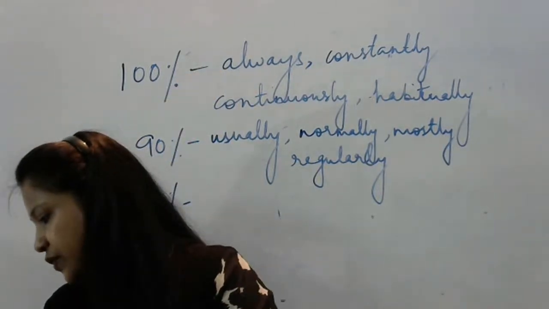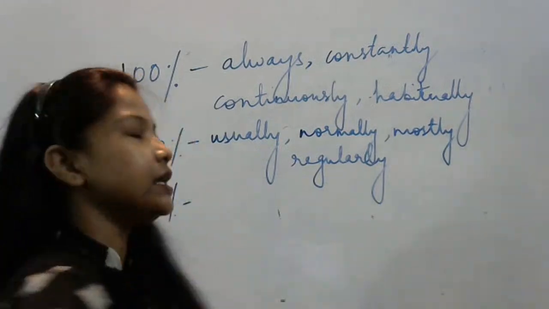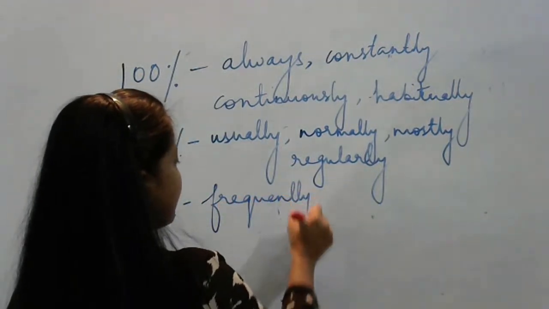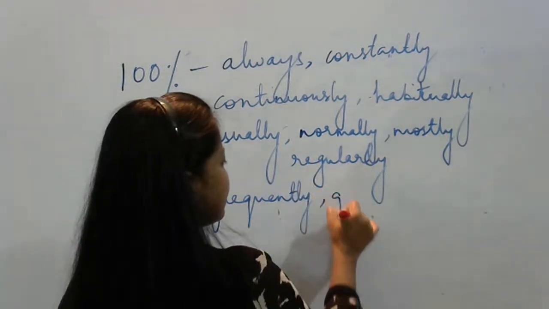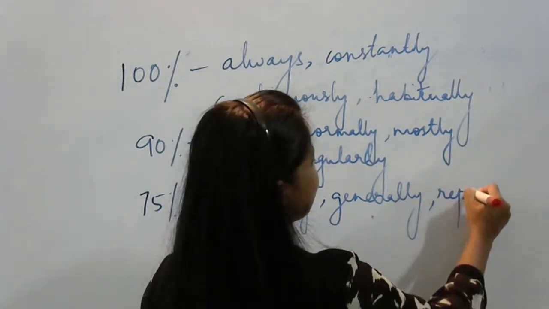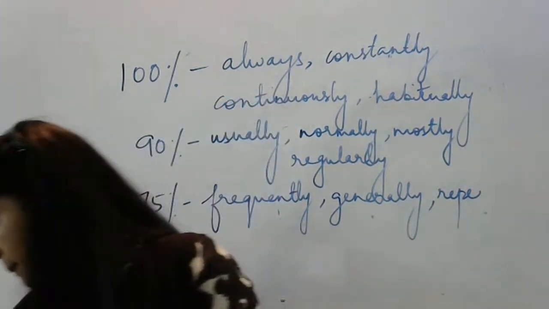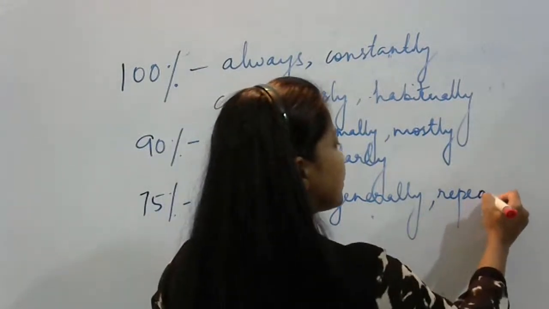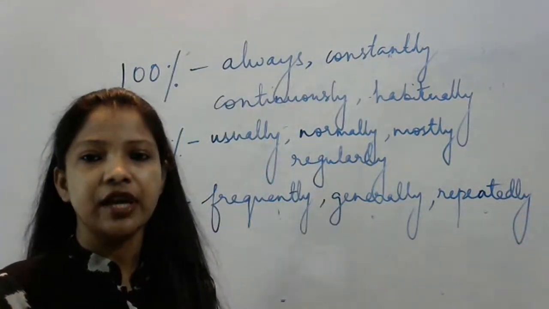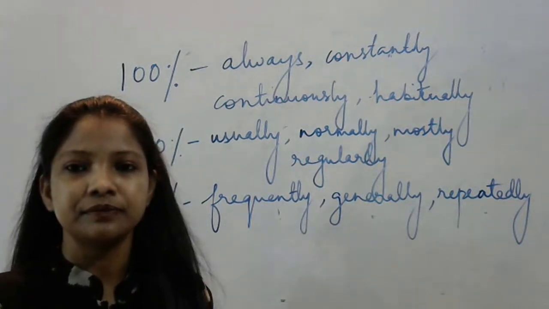Now the next ones are frequently, generally, repeatedly. Is it visible? Frequently, generally, repeatedly.